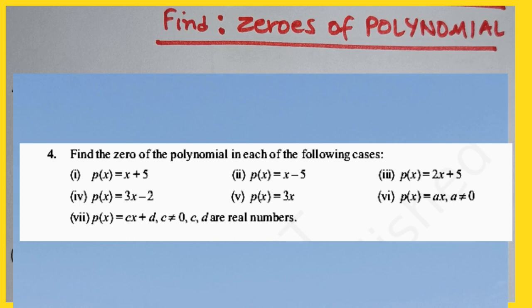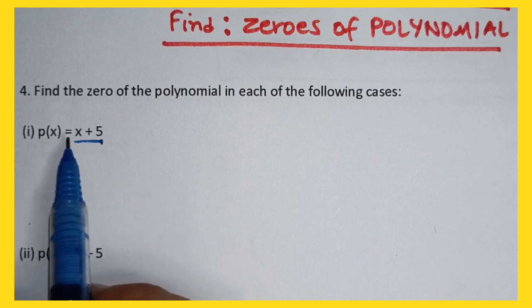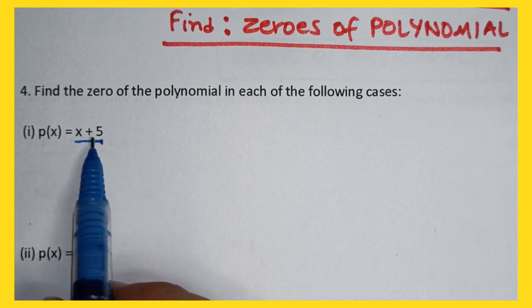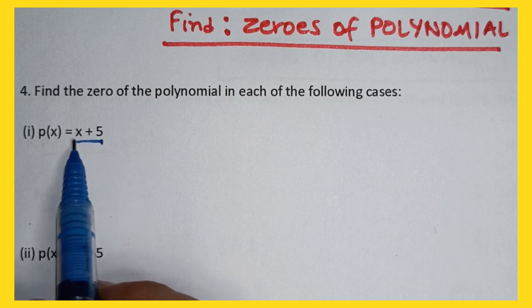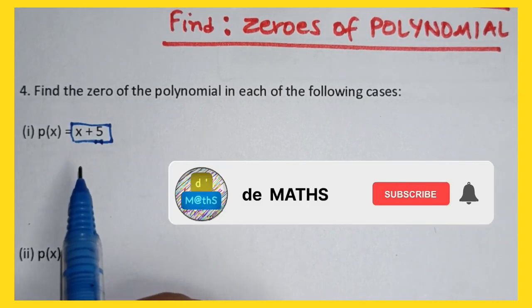In simple words, you have to find a value of your variable x, and that value, when put in your equation, that is x plus 5, makes the whole equation become 0. I hope you understood till now.